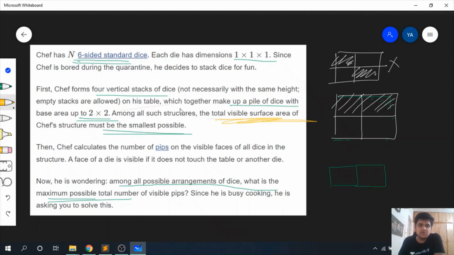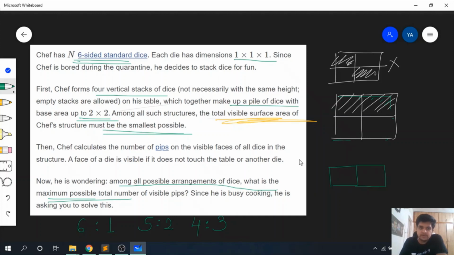Okay. So if we have 2 dice, then let us see what can be the maximum total visible pips. So for standard dice, we have 6 opposite to 1, 5 opposite to 2, and 4 opposite to 3. So in these two, if you see, there are a total of 4 visible faces, right?